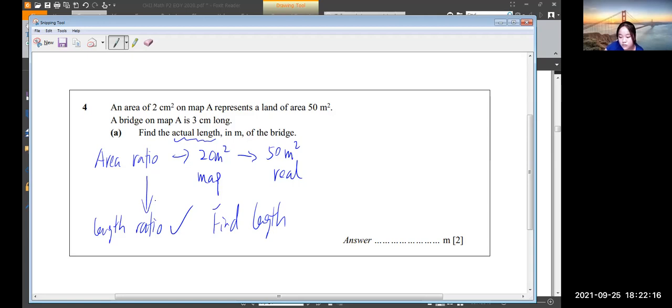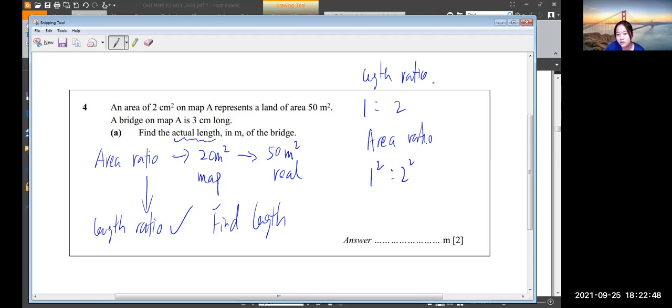How do you change from area ratio to length ratio? Let me give you a simple example first. 1 to 2, if this is the length ratio, the area ratio will be, can you make a guess? 1:4. 1 square to 2 square.